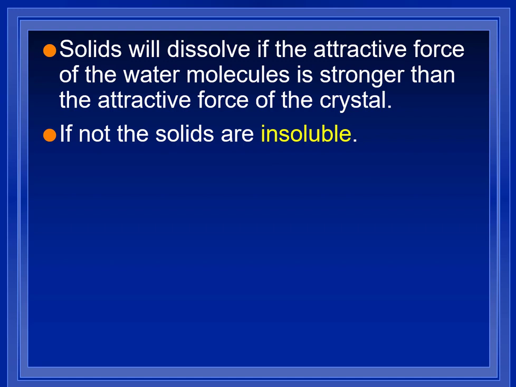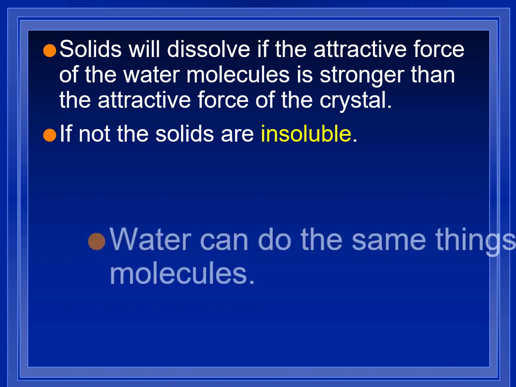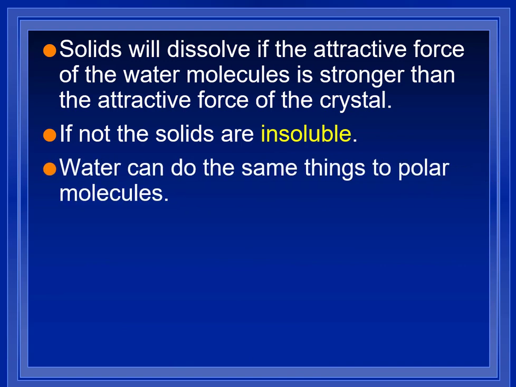What other kinds of things can water hang on to? Well, it's got charges, so it can hang on to things with charges, polar. The things it really dissolves well are things that can hydrogen bond. Because that gives water a great place to hang on to them.